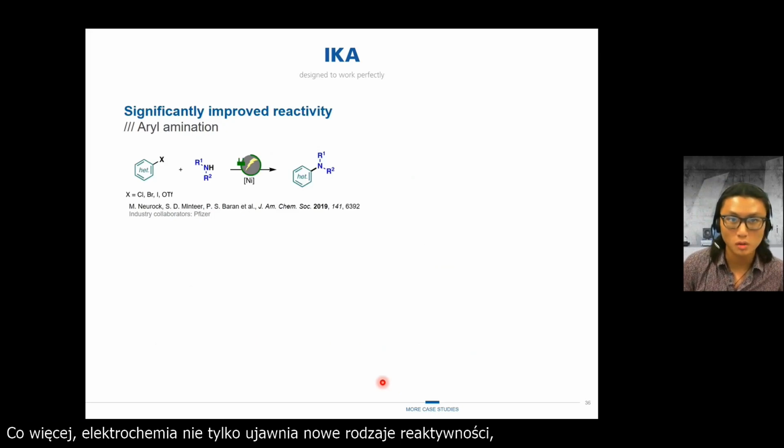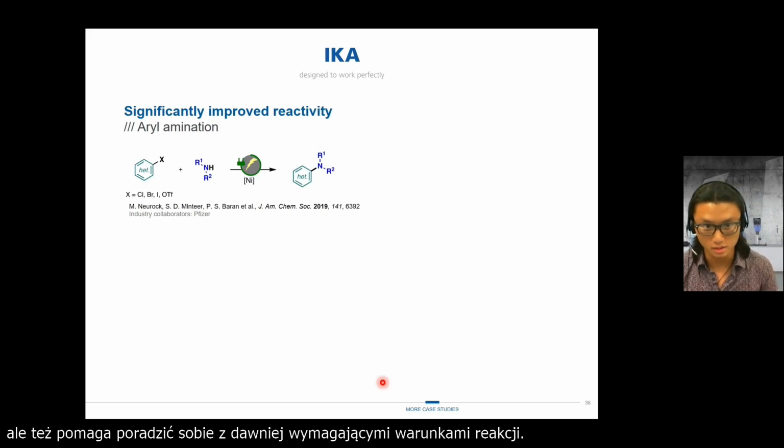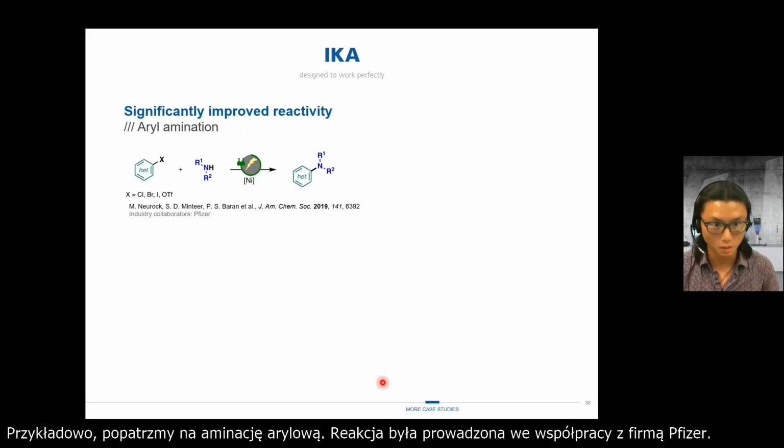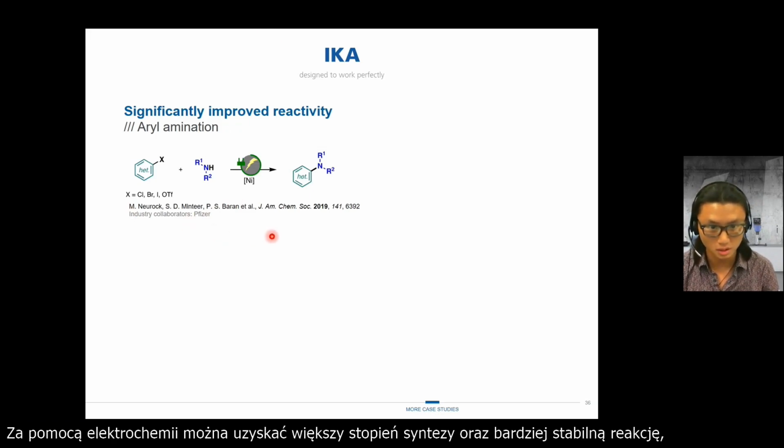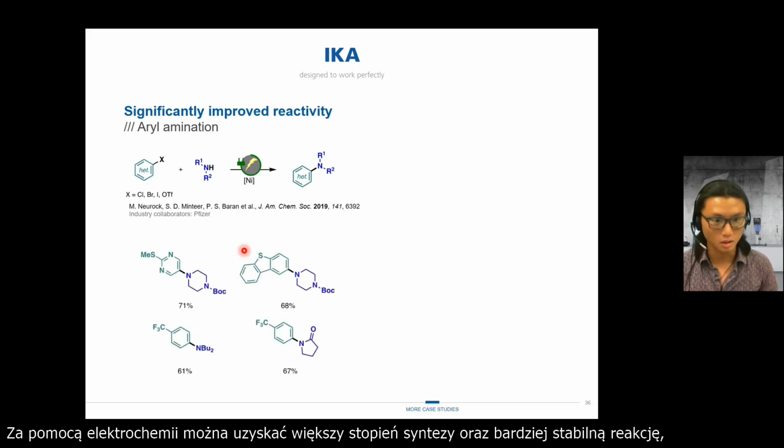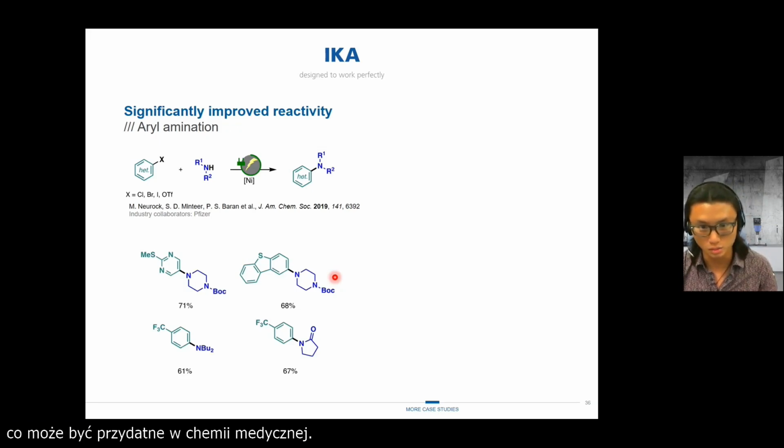In addition to novel reactivities, electrochemistry has also reinvented a lot of previously challenging conditions. So, for example, aryl amination, as an example, this was in collaboration with Pfizer. By using electrochemistry, they are able to access a broader scope of the synthesis, and the reaction is also more stable in order to make useful medicinal chemistry materials.